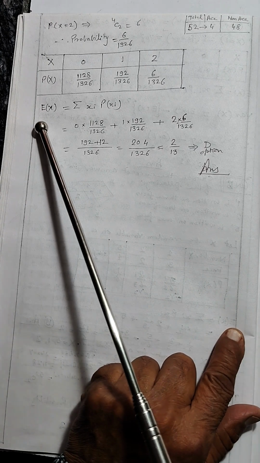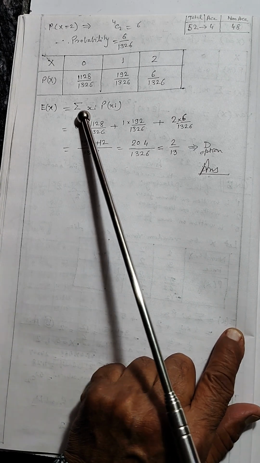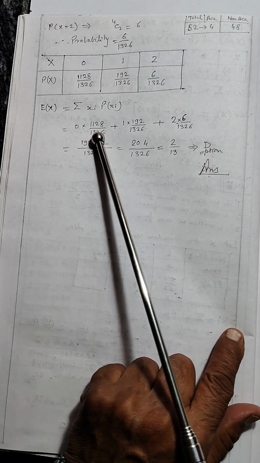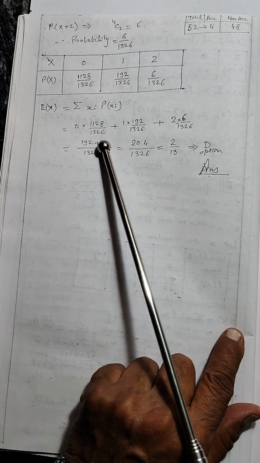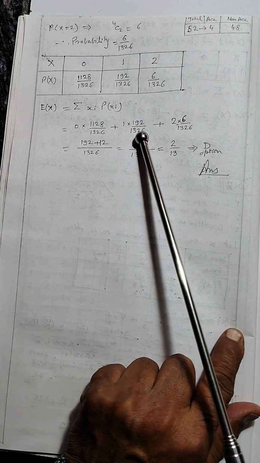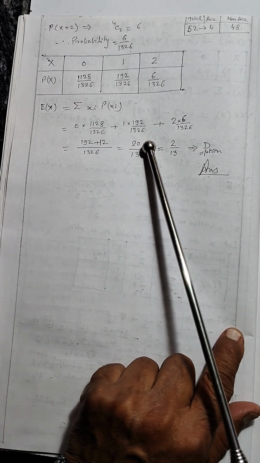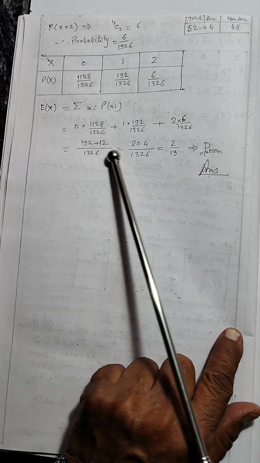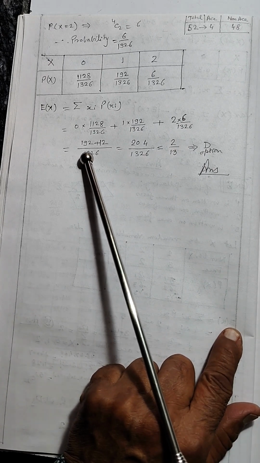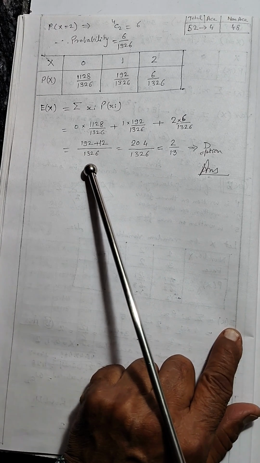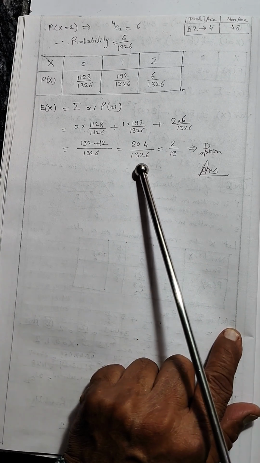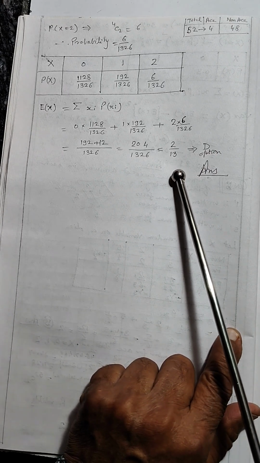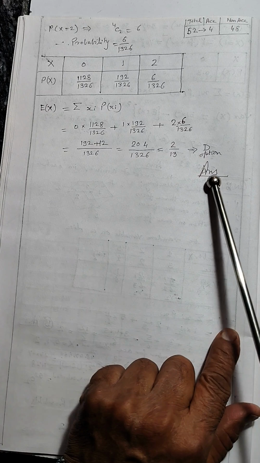You see, the mean will be equal to summation of xi into P(xi), that is 0 into 1128 divided by 1326 plus 1 into 192 divided by 1326 plus 2 into 6 divided by 1326. The summation will be equal to (192 plus 12) divided by 1326, which is 204 divided by 1326. After solving, we get 2 by 13, and hence option D is the correct option.